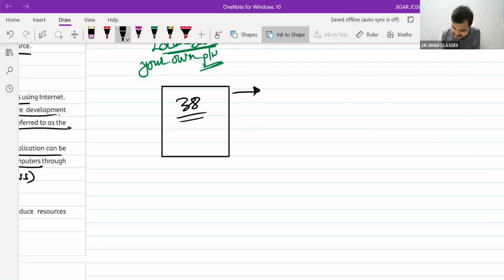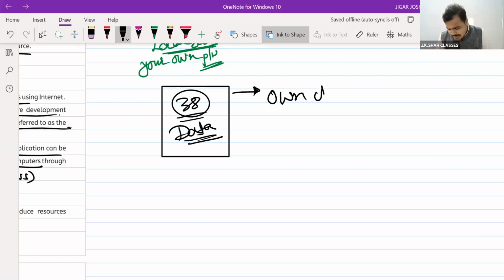Agree, people? Yes, sir. Now forget this 38 family members. Presume that, people, that you are having very, very large size of data. You are having tremendous large size data that you cannot keep this data in anyone's place. So what would you like to have? Sir, we would like to have our own cloud service. Yes.